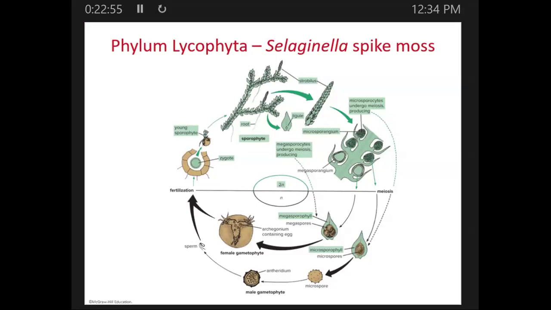And so, I'll show you some better pictures here, but you can kind of see they're trying to show the microspores and the megaspores here. Okay, and then when you look at the strobulus, you will actually see obvious difference between megaspore production and microspore production. They look very, very different.